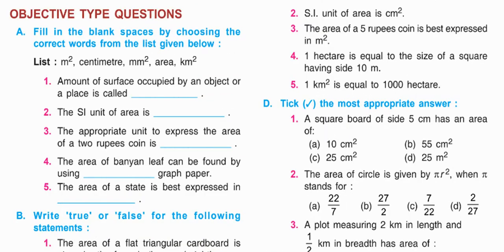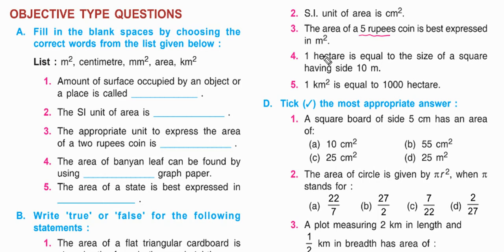Now, this statement SI unit of area is centimeter square. No children, SI unit of area is meter square. Hence, the correct answer should be the SI unit of area is meter square. The area of a 5 rupee coin is best expressed in meter square. No. Actually, 5 rupee coin is a small one, so it is false.